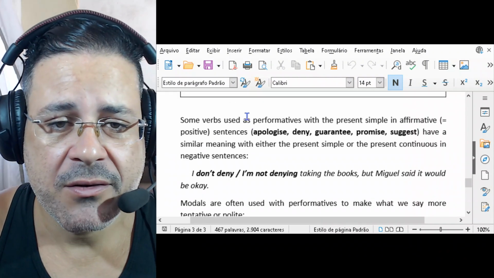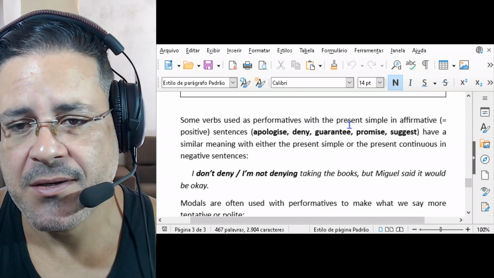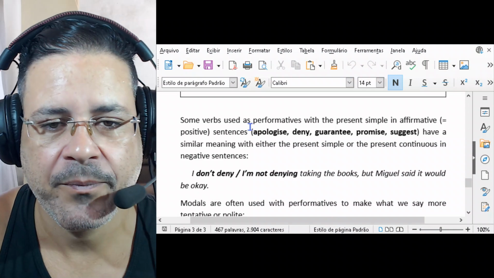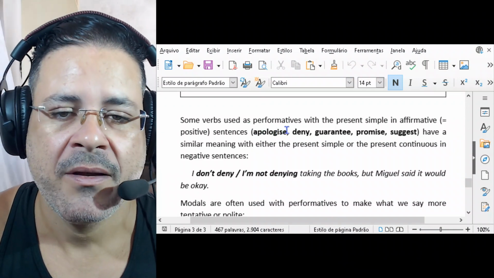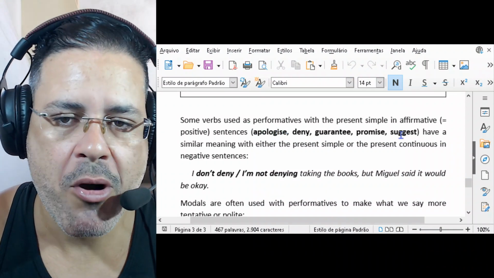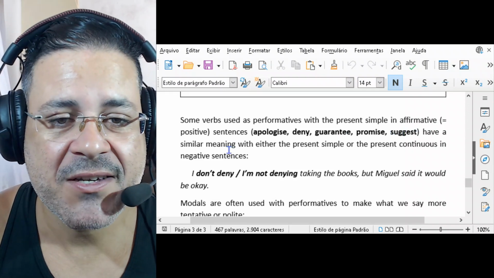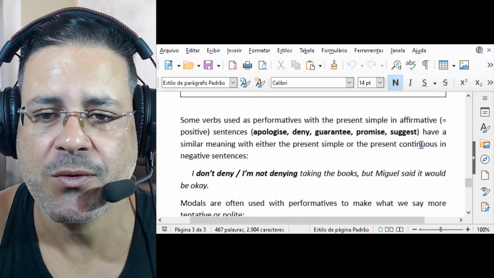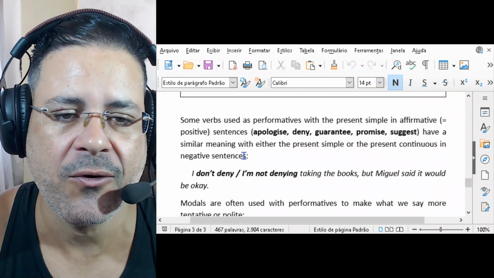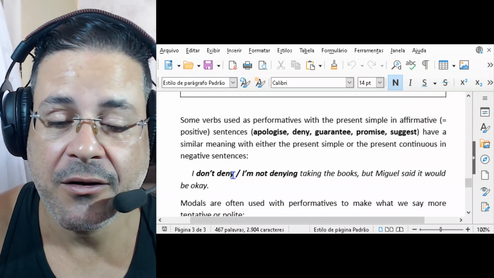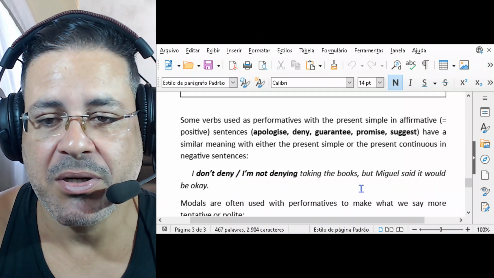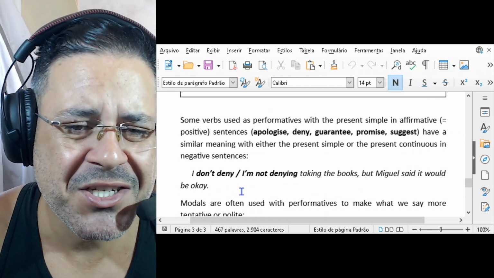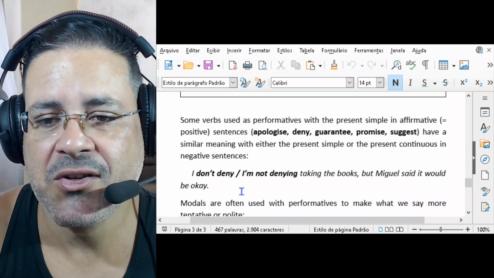Some verbs used as performatives with the present simple in affirmative, that is, positive sentences, for example, apologize, deny, guarantee, promise, and suggest have a similar meaning with either the present simple or the present continuous in negative sentences. For example, I don't deny taking the books, but Miguel said it would be okay. Or I'm not denying taking the books, but Miguel said it would be okay.